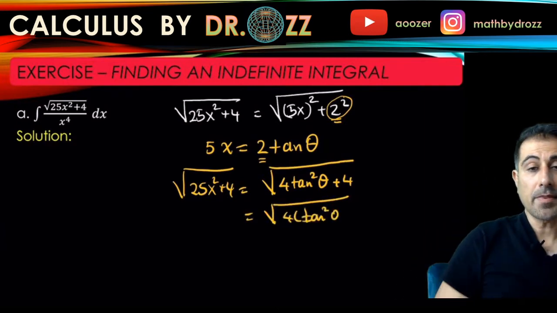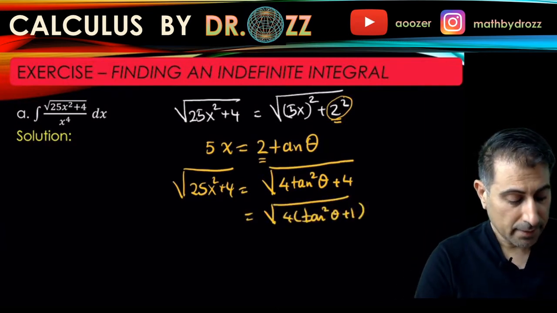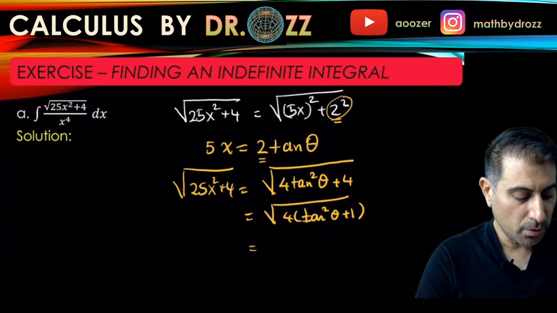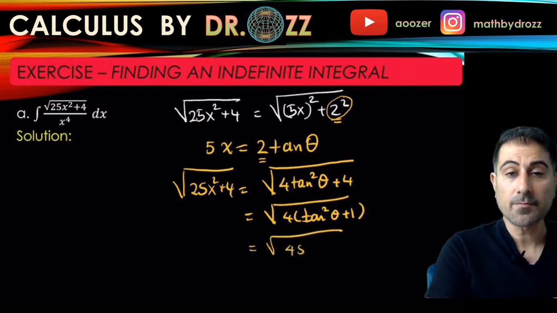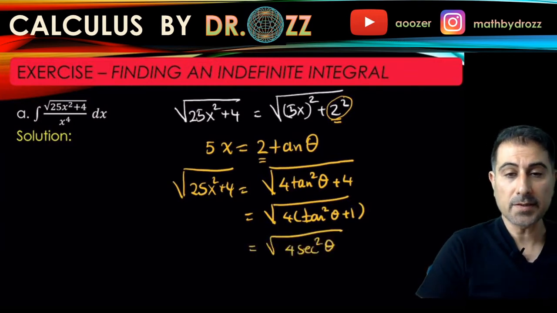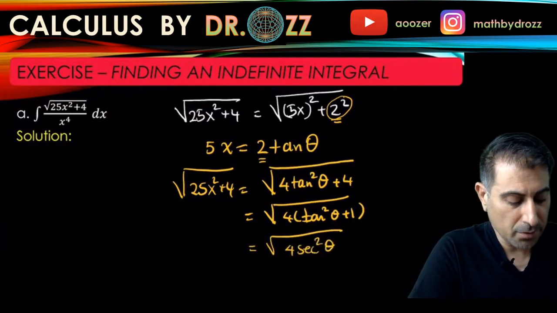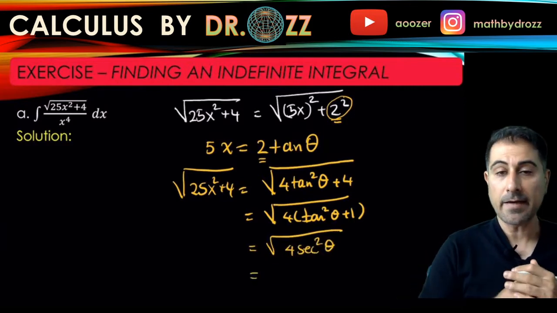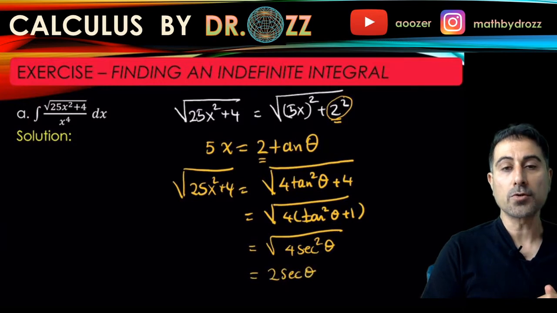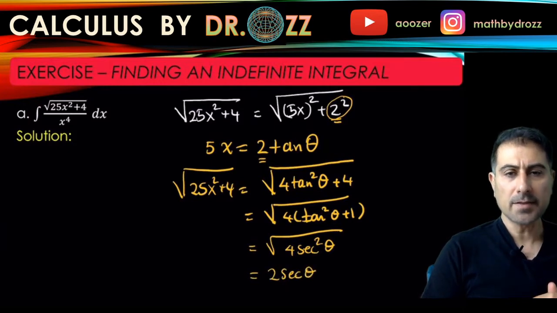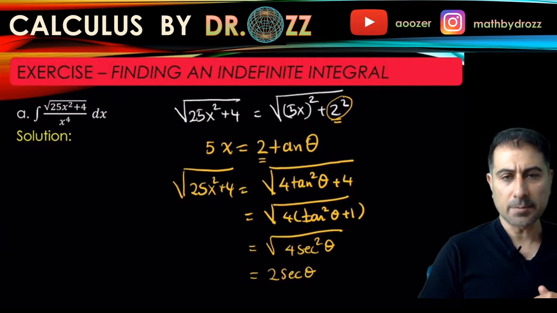And we're using the Pythagorean identity that this is equal to 4 secant squared theta, because 1 plus tan squared is secant squared. Here we go. I have my 2 secant theta. I have no square roots anymore. Okay? So this is sort of the rationale of applying the trig substitution.